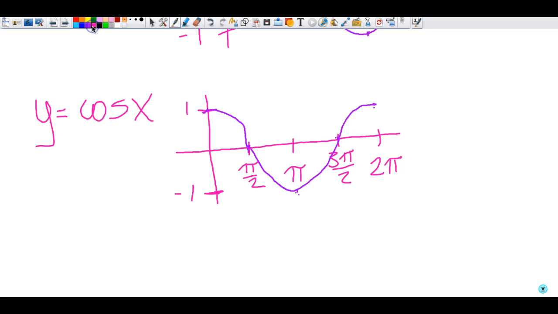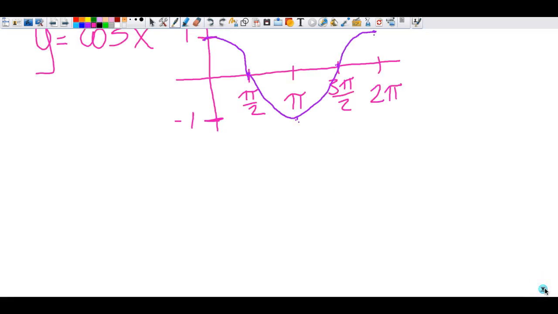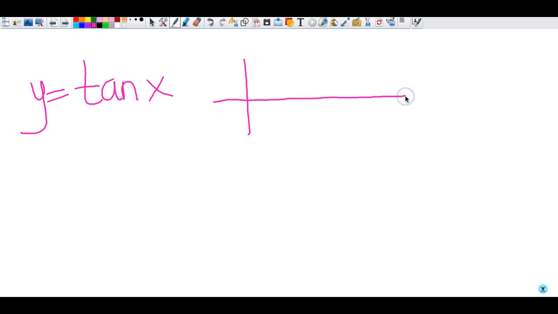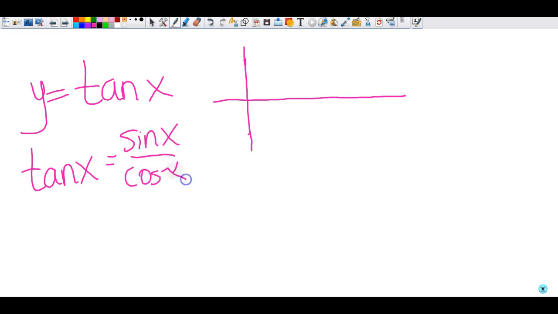All right, so then we're going to look at tangent. So now y equals tangent x. So now remember that tangent of x is equal to sine x over cosine x.